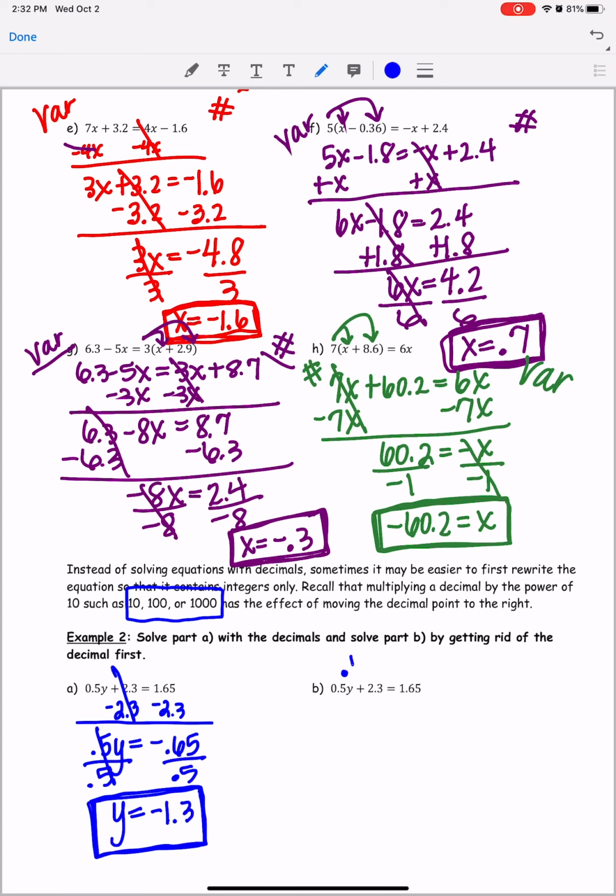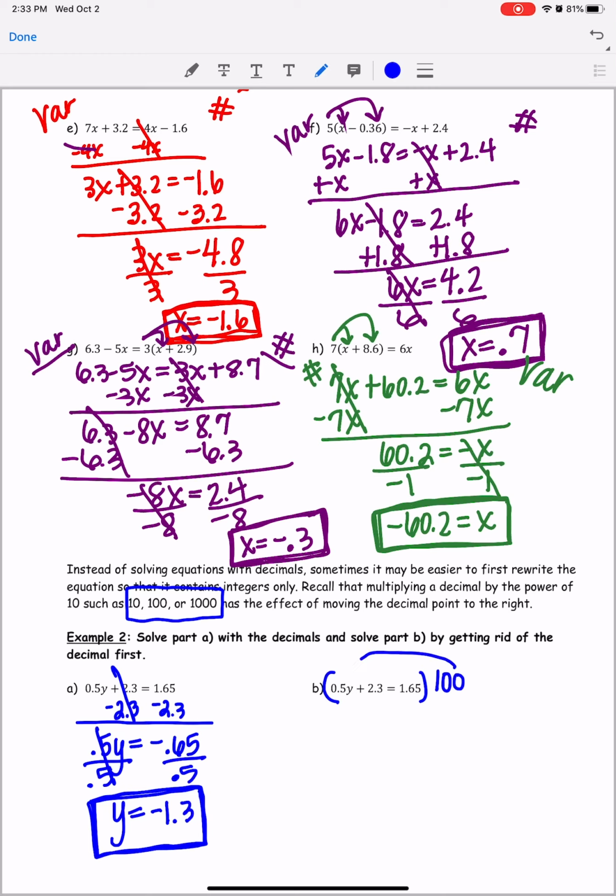So I'm going to multiply this by 100, this by 100, and this by 100. Okay, and a lot of times you'll see people do something like this where they put the whole thing in parentheses and then 100. So either use your calculator or just move your decimal.